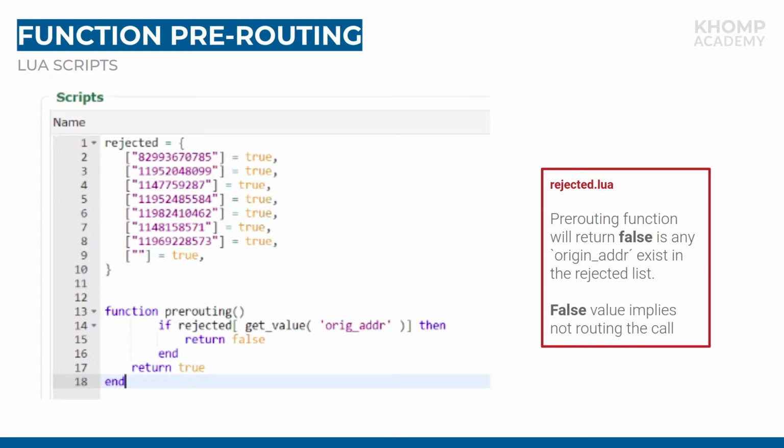You can put all the numbers you can't call here as a list, and then you can use a function as pre-routing. So we can use something like if rejected, get value, origin address, then return false. This will look for the origin address of the call, which is going to be in the SIP message. It is a parameter that we define in the CDR, and I'm going to show you later what you can use in your routing script.